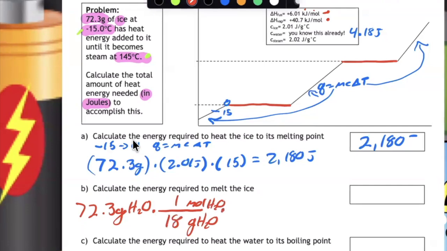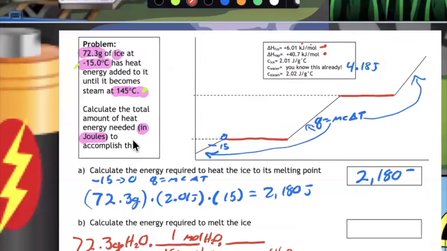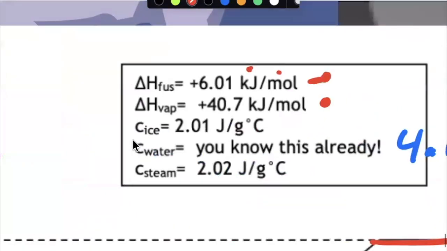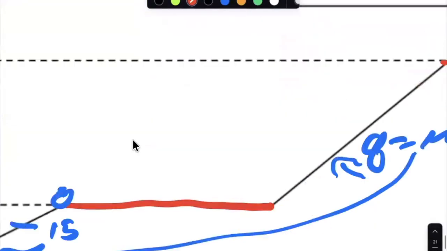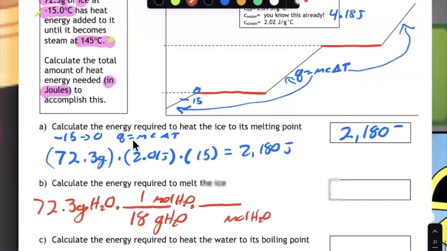Now, mole of H2O. And this is where I can use this conversion factor, 6.01 kilojoules per mole. Okay, so 1 mole requires 6.01 kilojoules. Now, if I do my math, I would cancel out moles, I would cancel out grams, and be left with kilojoules.